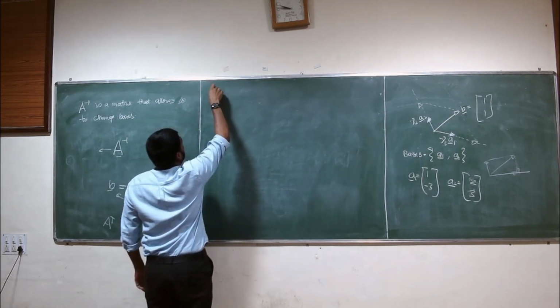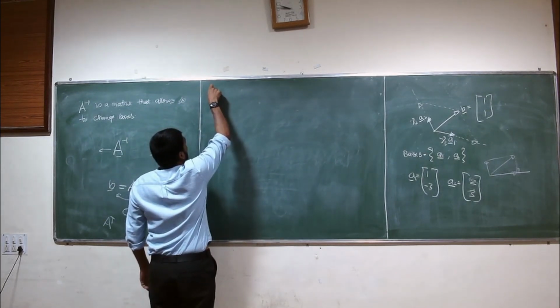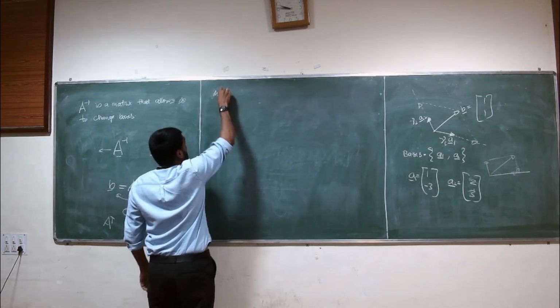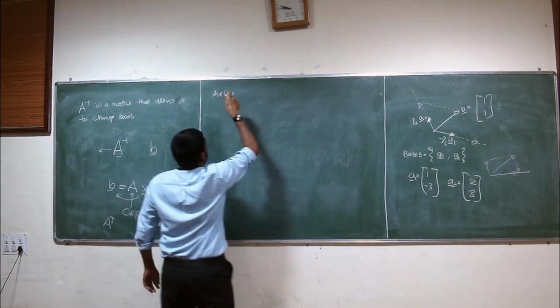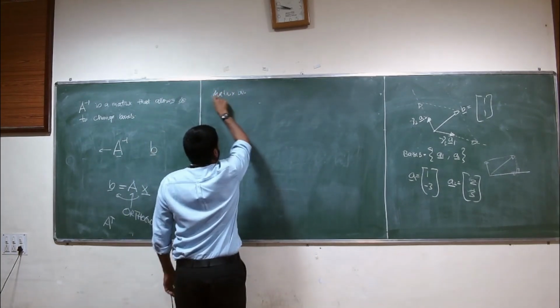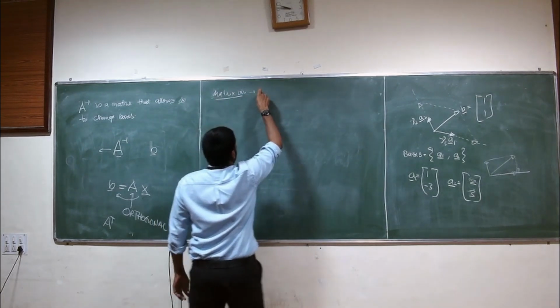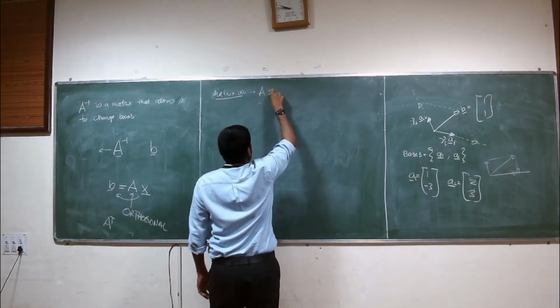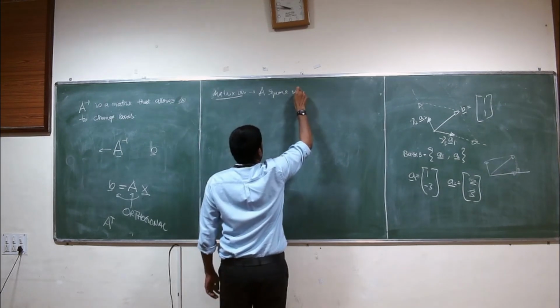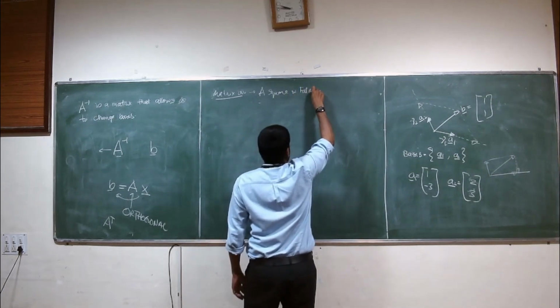Now, the matrix inverses require that A be square and full rank.